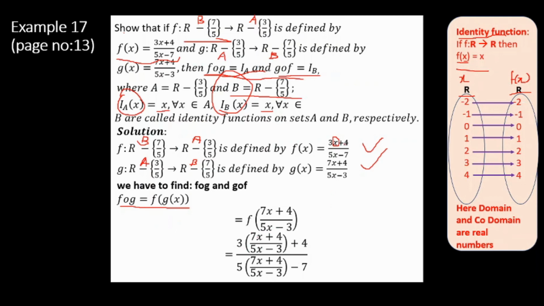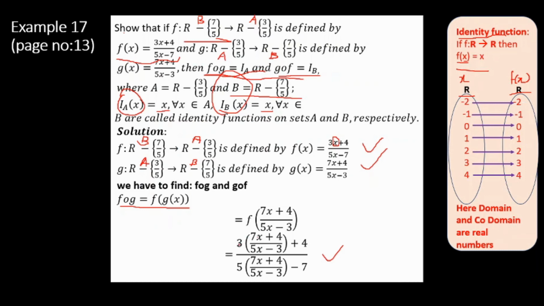Plus 4. Same way, 3 times (7x+4)/(5x-3), plus 4, over 5 times (7x+4)/(5x-3), minus 7. I'll repeat just once. f of g of x. What is g of x? (7x+4)/(5x-3).